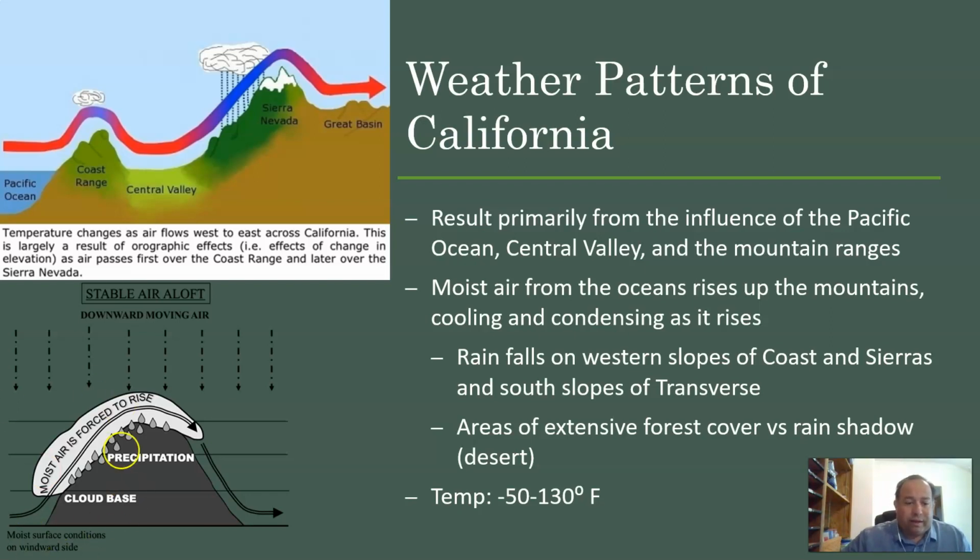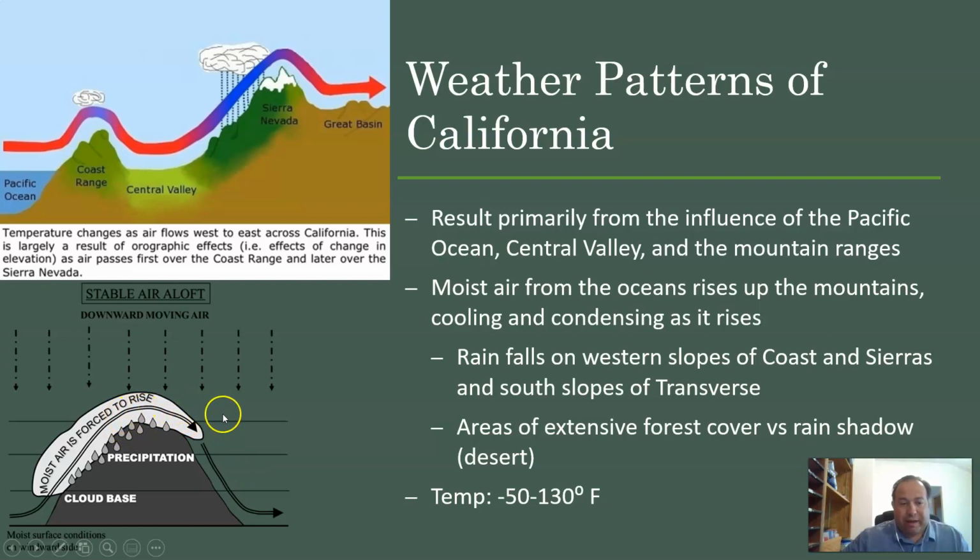But what happens is we end up getting precipitation, as you can see in this picture down here, on the western side of these slopes. So we get it on the west side, and then as we go over the slope, the air can go back down and doesn't get that pressure, so we don't get that precipitation.